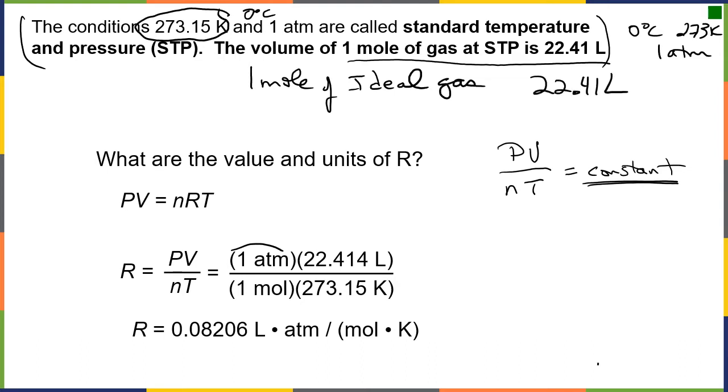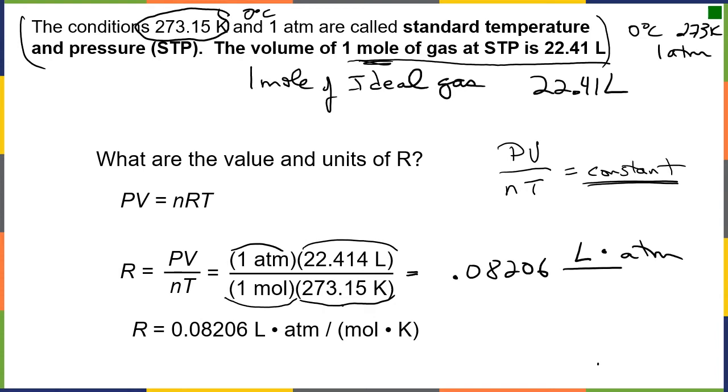And if we plug this in, 1 atmosphere, 22.41 liters, 1 mole of an ideal gas, temperature of 0 degrees Celsius, but we got to put it in kelvins, we are going to get the value of this constant. This constant, given these units, is 0.08206 units of liters, atmospheres per mole, multiplied by the temperature in kelvins. Now, we tend to work in this particular set of units.